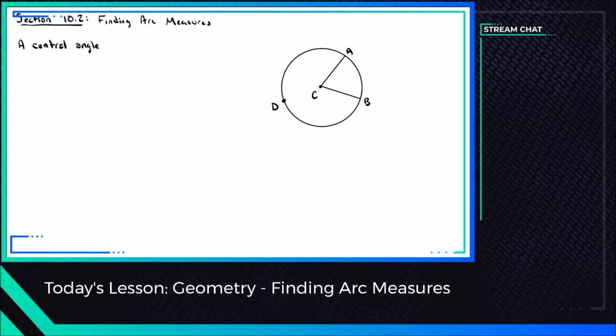And a central angle of a circle is an angle whose vertex is on the center of the circle.